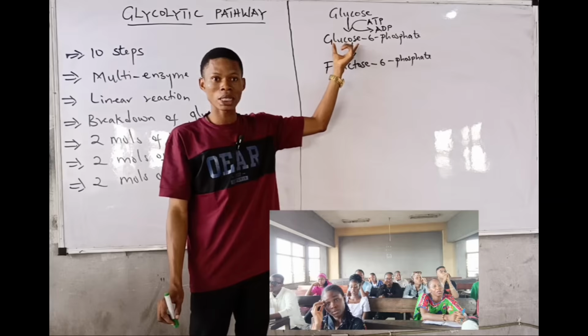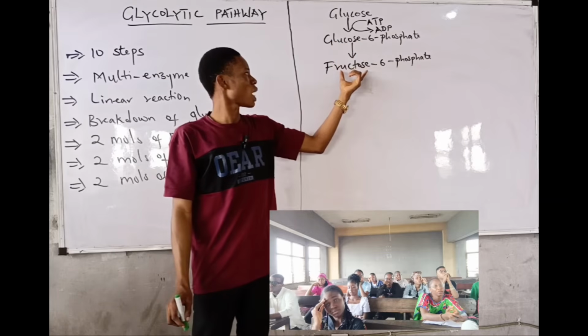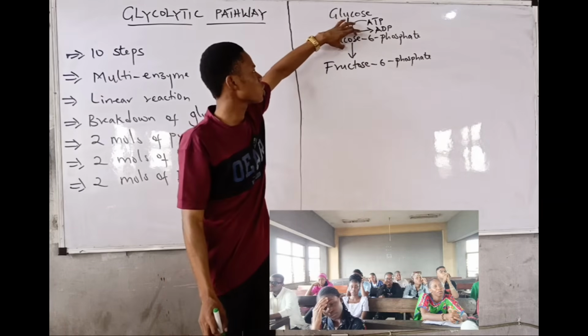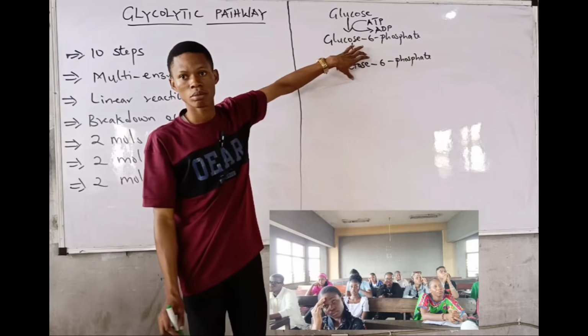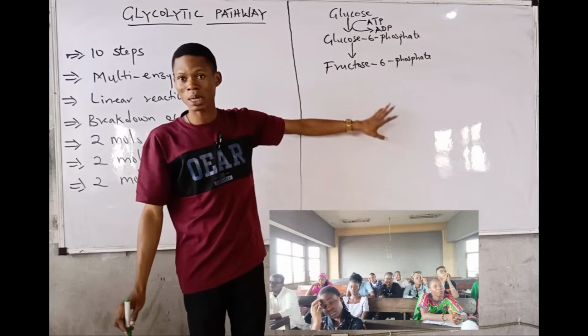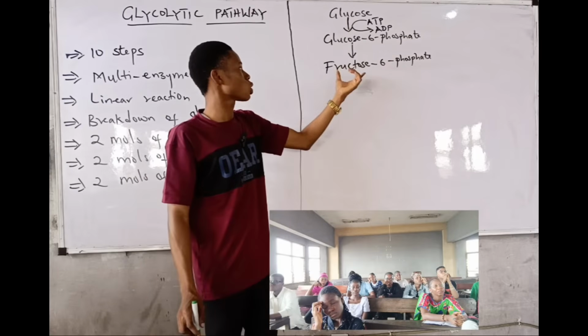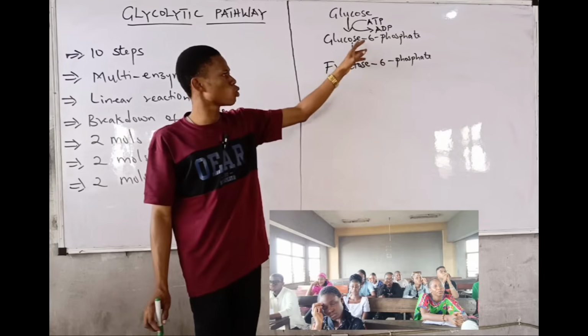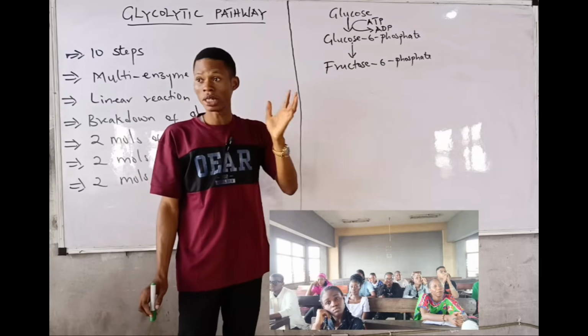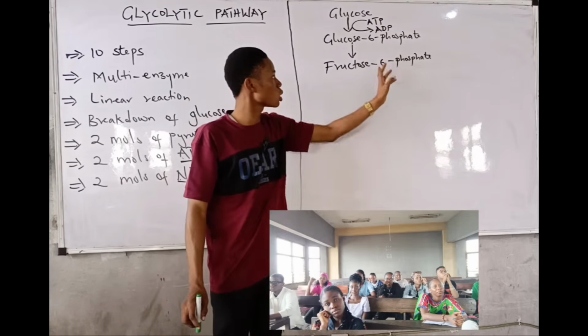They are isomers, right? So this is just isomerized to this. That's all. Forget about the enzymes for now. We'll talk about the enzymes, but let's just get the substrate. Did we add any phosphate again? No, because this is still 6-phosphate.